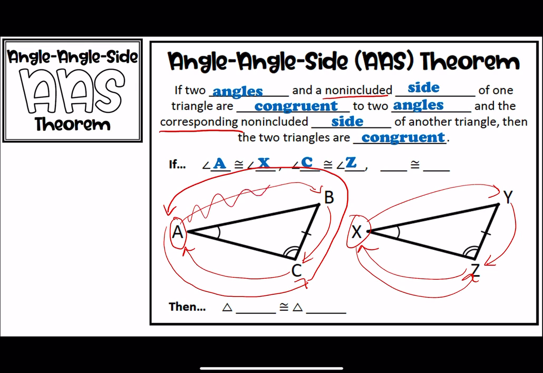We can't use our clockwise. We can use it to write our congruency statement, but that's it. And so then we get line segment BC is congruent to line segment YZ. And they are corresponding parts, and we know that. All right, and because we've got our angle angle side, we can say that triangle ABC, still working, and triangle XYZ are congruent.